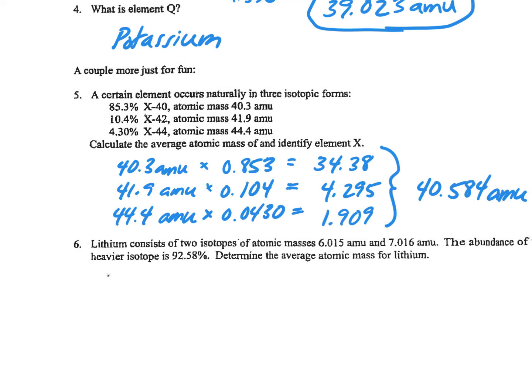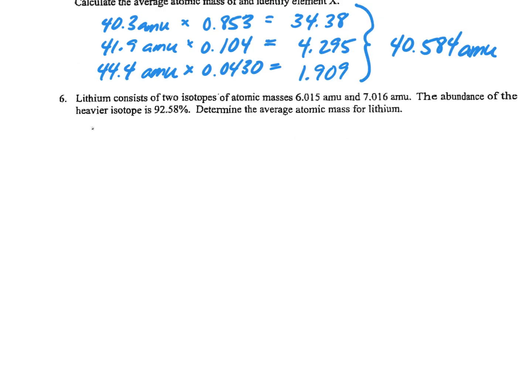Now, the next one, let's do this one also. All right, now in this problem, we've got 2 isotopes of lithium. One has an atomic mass of 6.015, the other one has 7.016. The relative abundance of the heavier isotope, the 7, is 92.58.